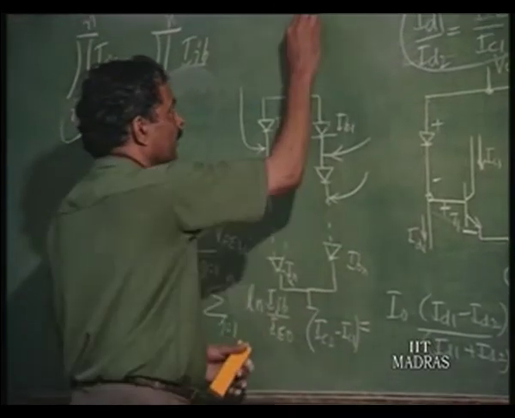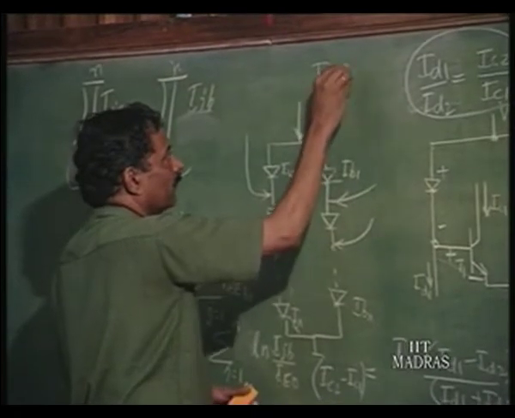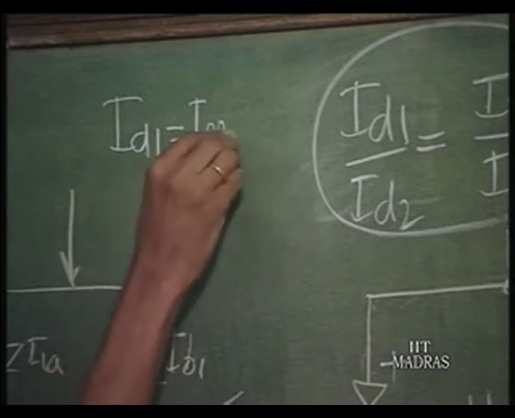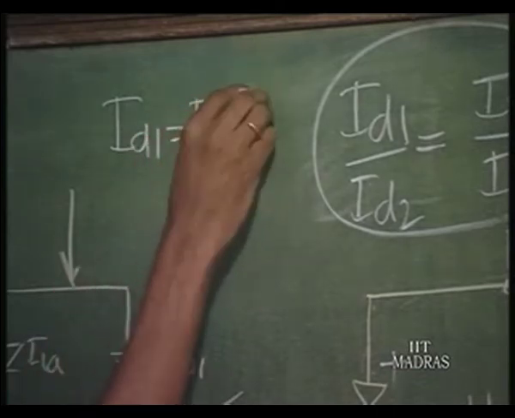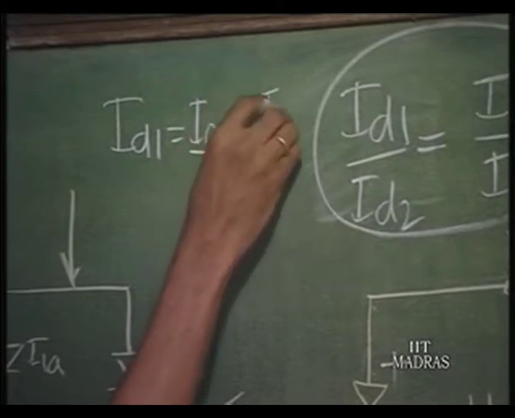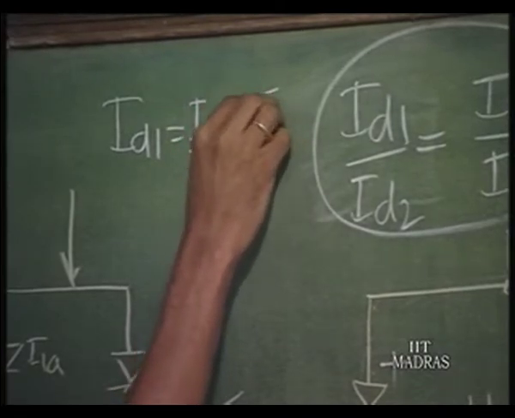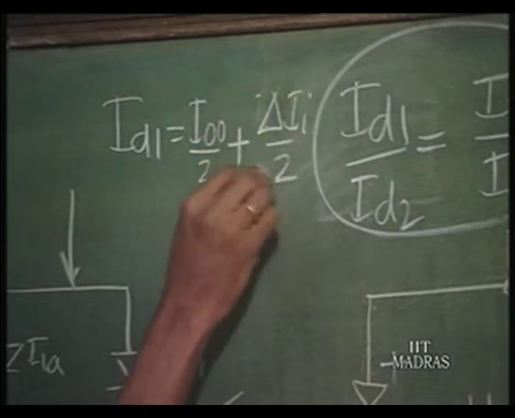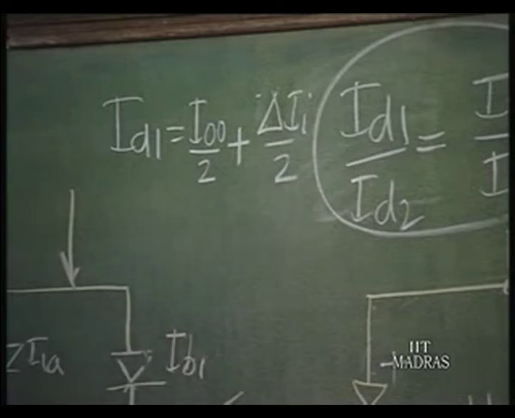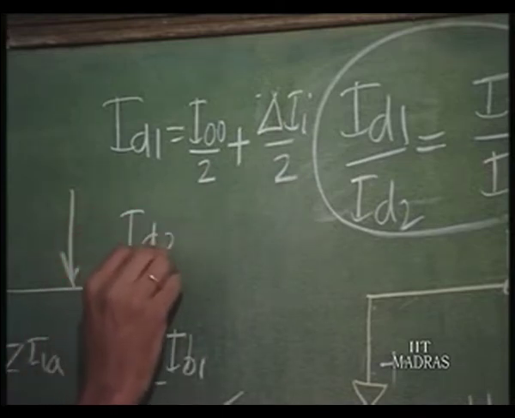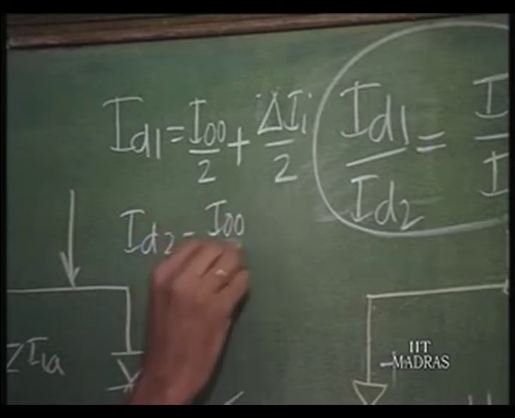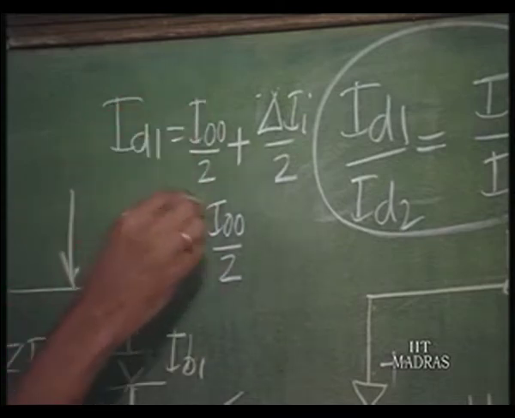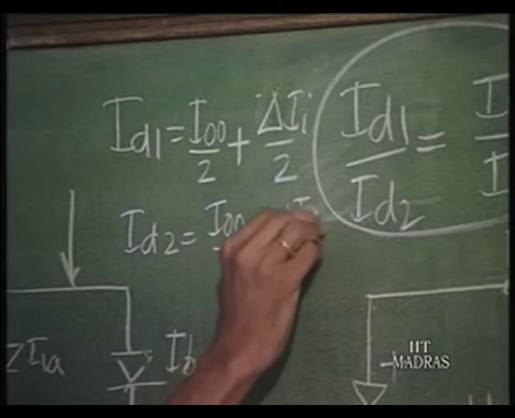I can make I D 1 equal to, let us say, I naught naught, a DC current, by 2 plus delta I by 2, the input differential current, and I D 2 equals I naught naught by 2, which is the common current common to both, minus delta I by 2.